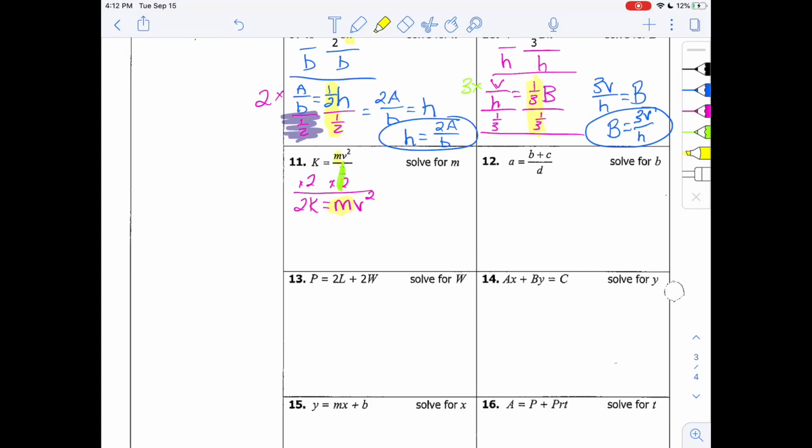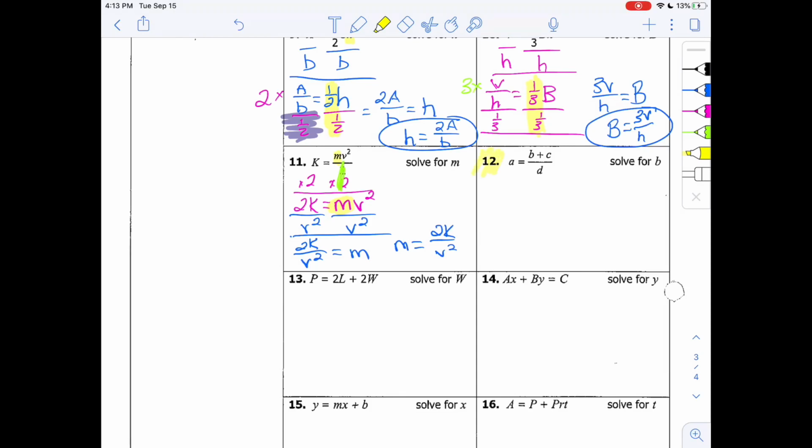So instead of multiplying M times V squared, the opposite would be to divide by V squared, which results in 2K divided by V squared equals M. And we're going to flip that around. M equals 2K divided by V squared.